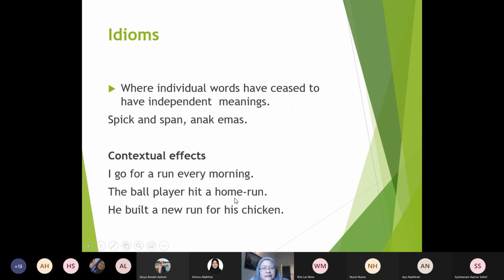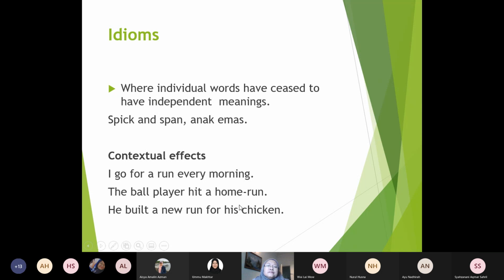This is like the game cricket or rounders or American baseball. Home run means someone hits the ball and runs right past the home base and produces a score.